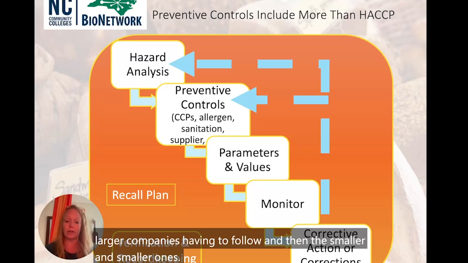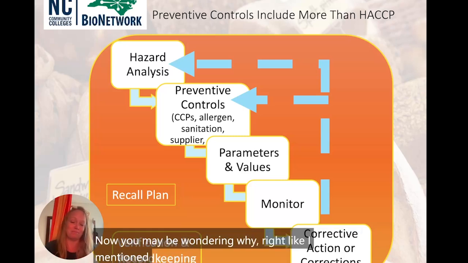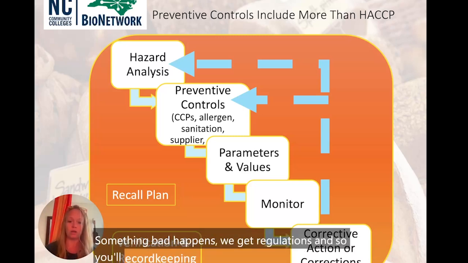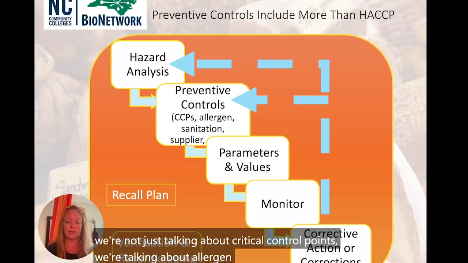Now you might be wondering why, right? Like I mentioned before, something bad happens, we get regulations. And so you'll notice when we talk about preventive controls, we're not just talking about critical control points. We're talking about allergen controls, sanitation controls, and supply chain controls.